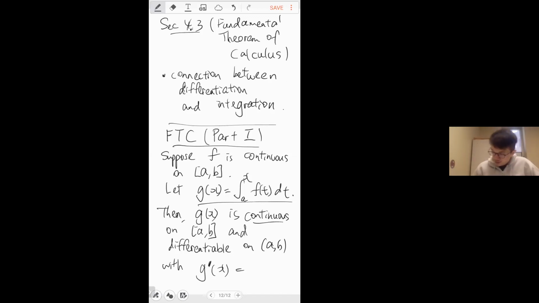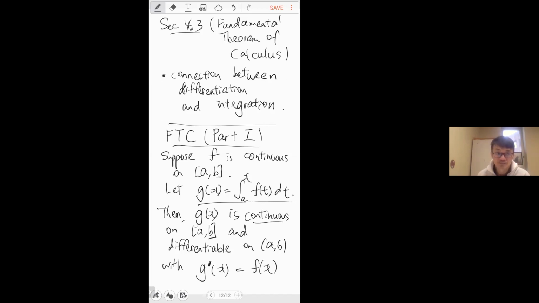Yep. So you know that taking integration is like reversing the process of taking derivative. So when you take the derivative of the integral, you should get back the original function f of x. Is it okay? Why do I have f of t?